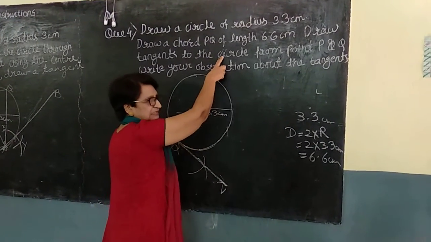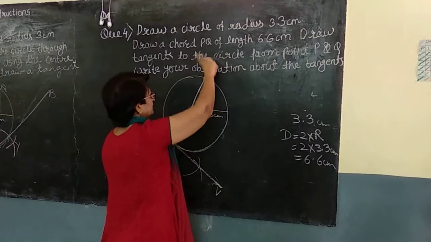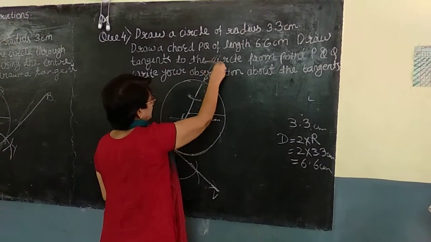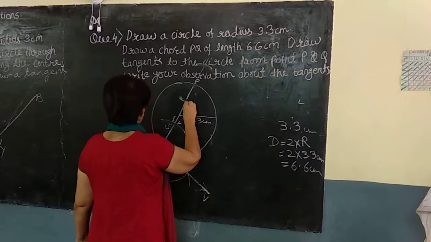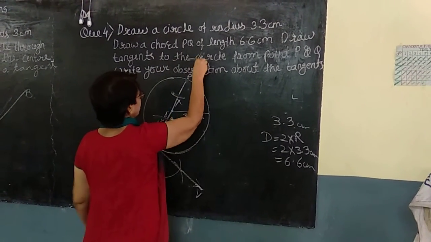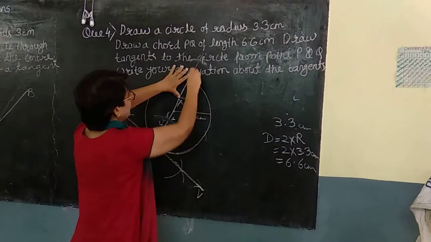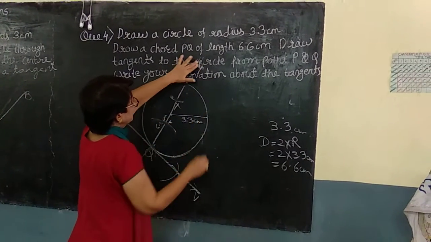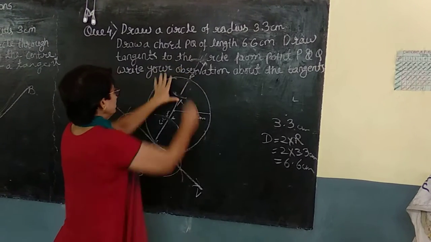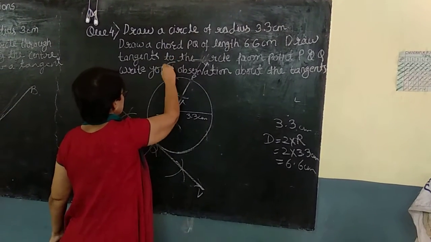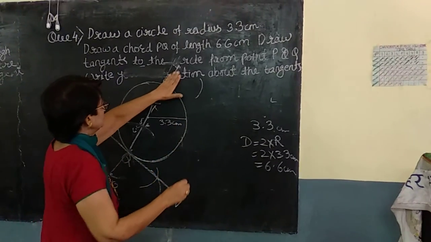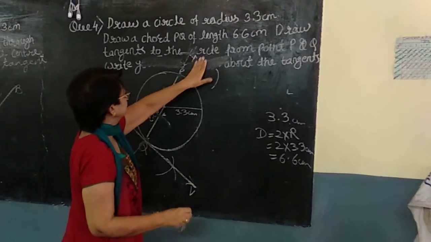Now similarly from point P, what we have to do? Take a convenient distance with center P and mark it on this side and this side. Let it be X, Y. Then taking more than half of XY, draw an arc on this side and this side. We have already copied the question, so I am rubbing the question from here.